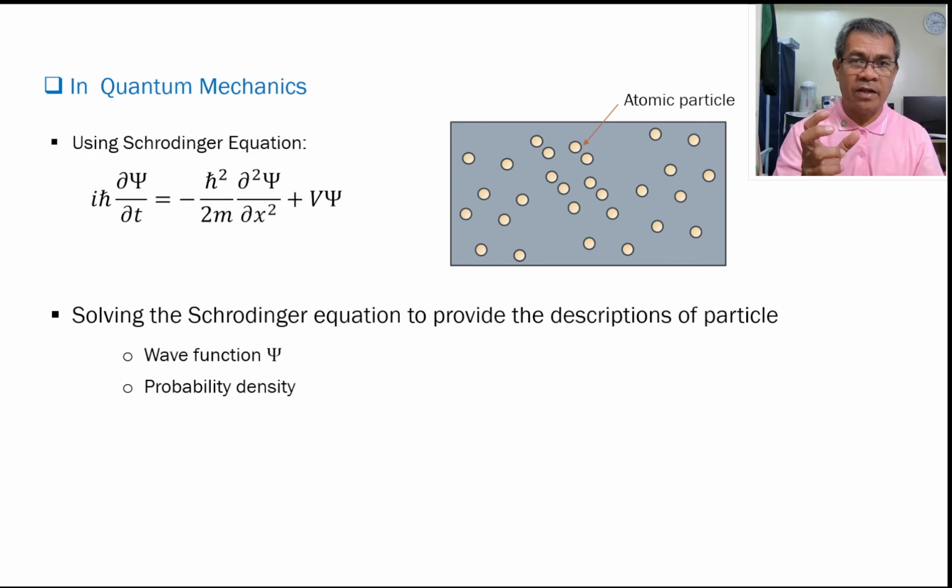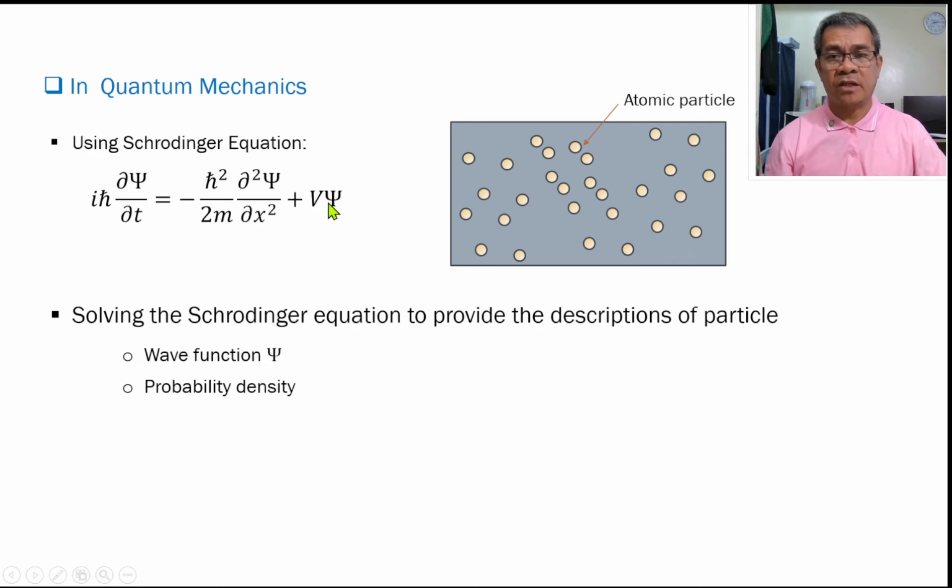So if we have 0.5 probability, then we have a 50% probability of having that particle. So in other words, probability plays an important role in the description. And that probability can be calculated if we have the wave function. And that wave function comes from the Schrodinger equation.